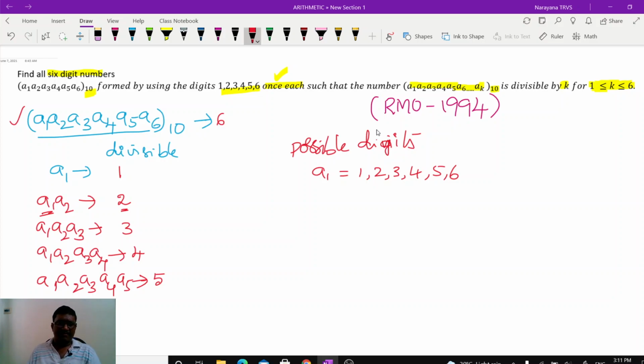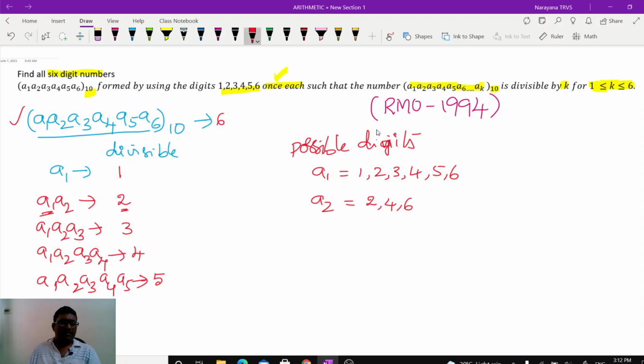And the next one, A1, A2 is divisible by 2, so what about A2? A2 can be an even number, and here we have only 6 digits, so A2 may be 2 or 4 or 6.